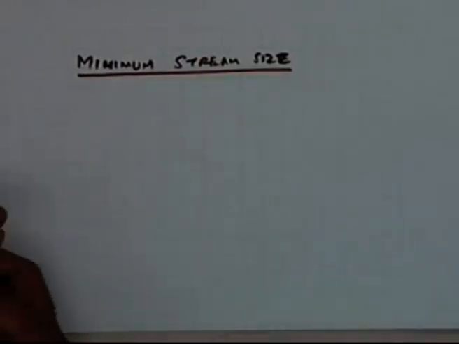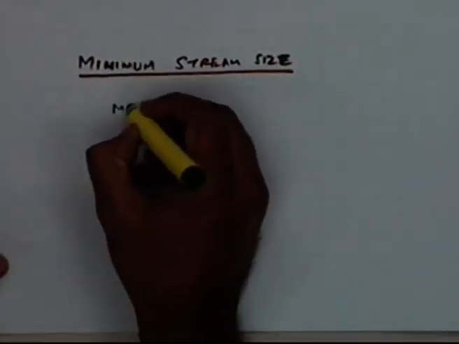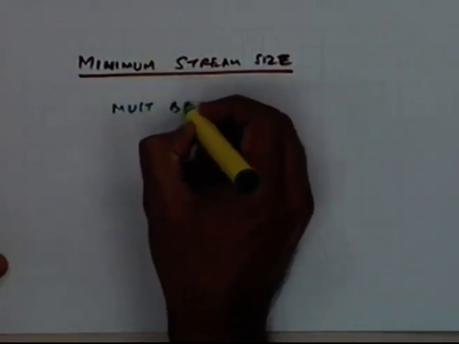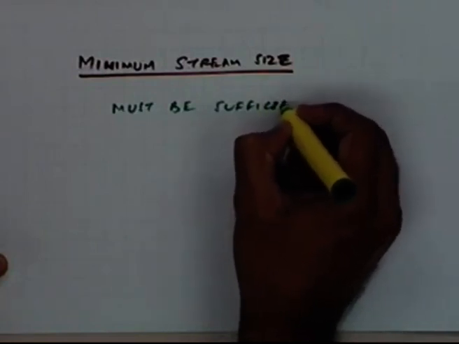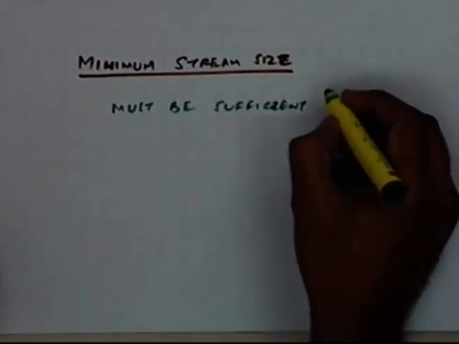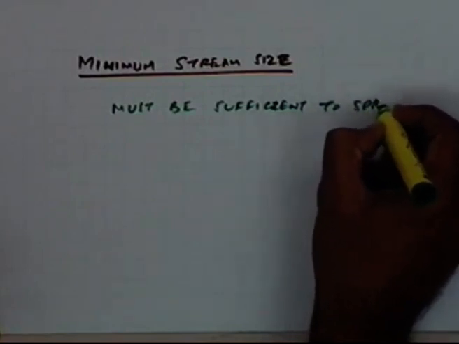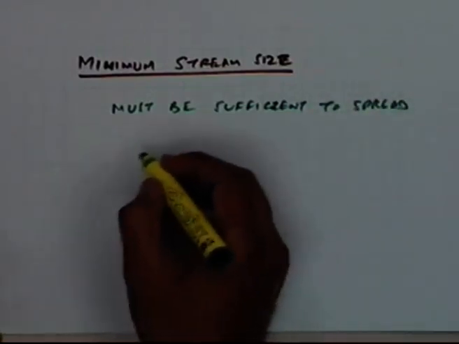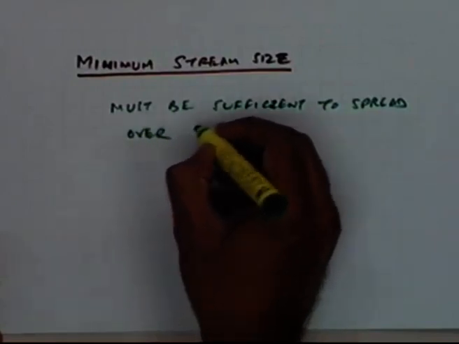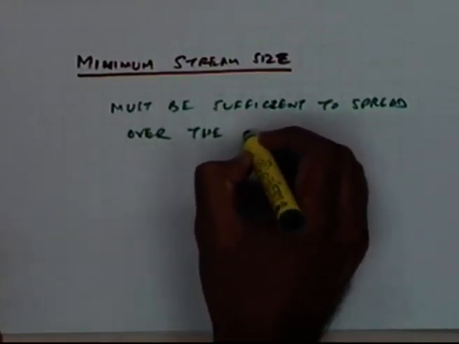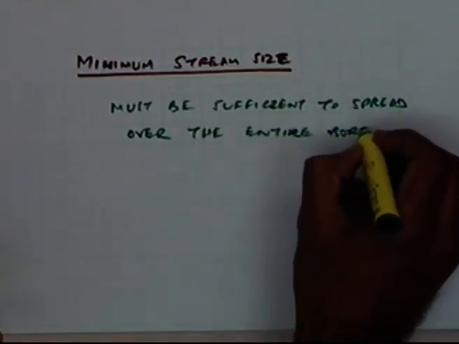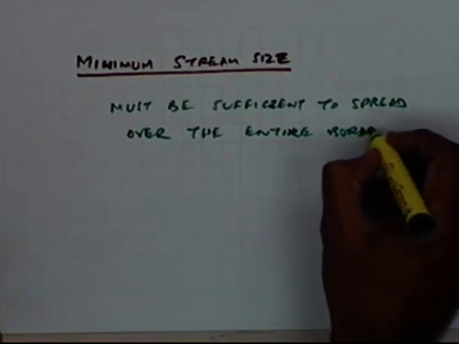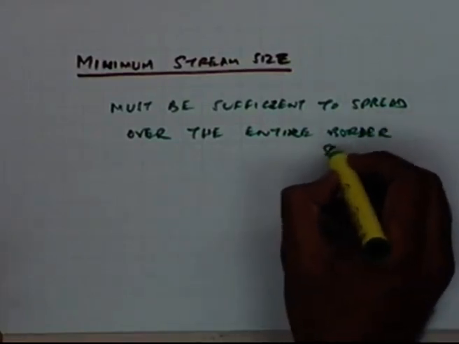So from that angle, the minimum stream size must be sufficient to spread over the entire border strip.